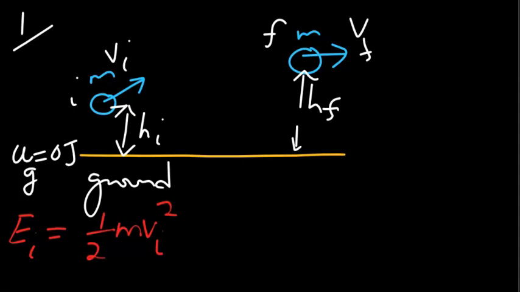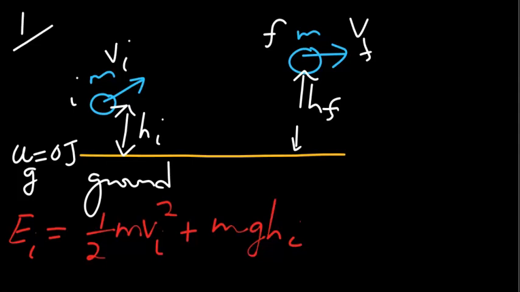So at the initial point, the gravitational potential energy of this object-Earth system is simply m times gravitational acceleration times hi. And that is it. We don't have any other forms of energy.